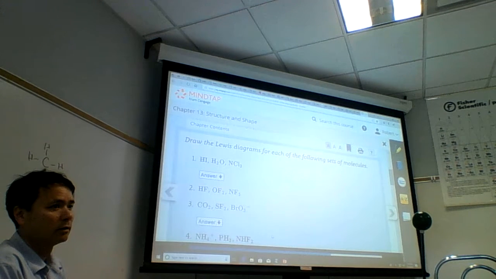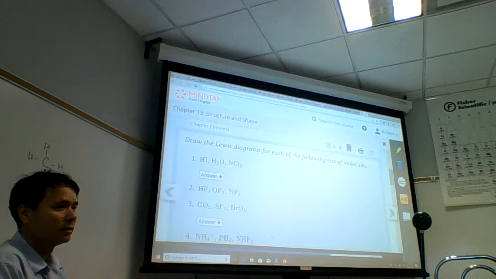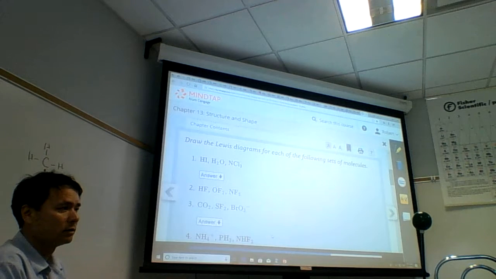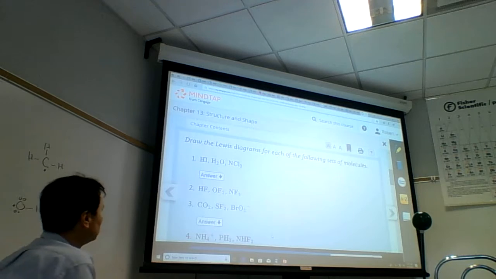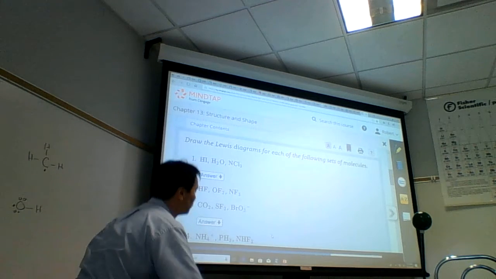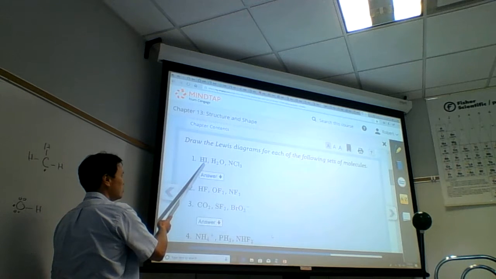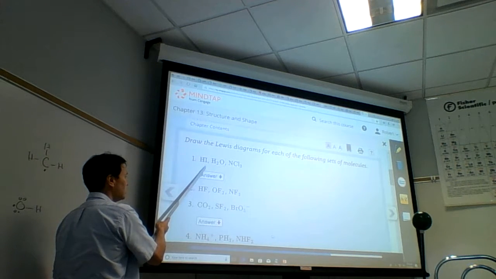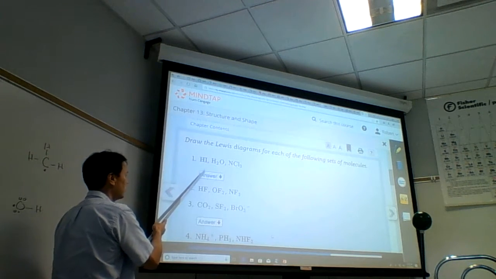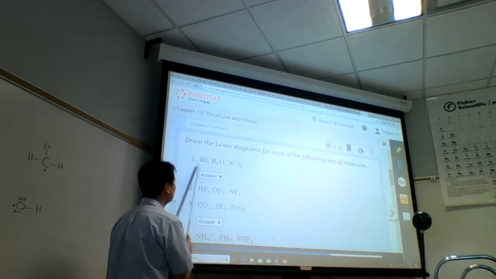Mercury, close. Very close. Silver is right. Mercury(I) is right. And lead(II). Okay. So iodides are precipitated. If we react this with silver ions, mercury(I) ions, or lead(II) ions, we're going to get a precipitate of iodide: silver iodide, mercury(I) iodide, or lead(II) iodide.